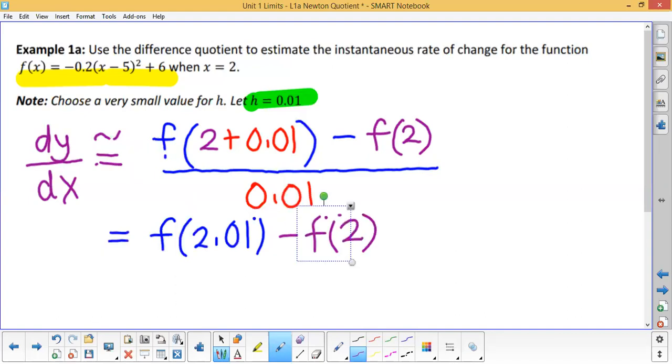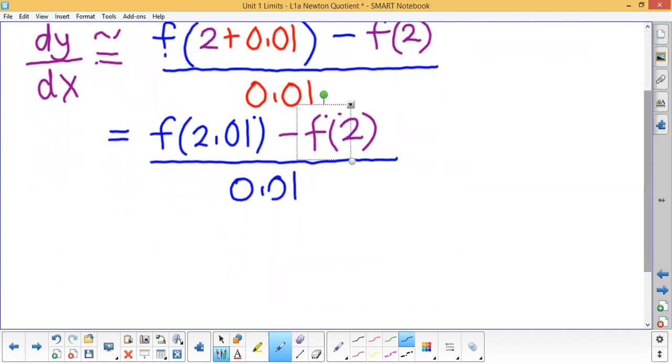What I'm trying to do is plug this into the original function to get these values. Now that's simple algebra. And when you plug it into your original function, you're going to get values. Now you want to keep as many decimal places as possible to make sure that these values are as accurate as possible.